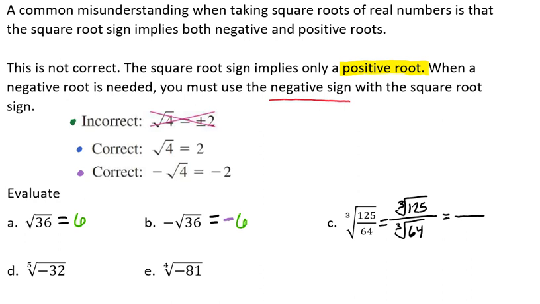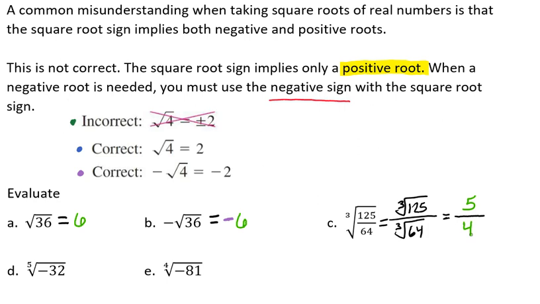Now here we can use a calculator to find our answers, but really the cubed root of 125 is a cubed root that you should probably have memorized. So the cubed root of 125 is 5. And the cubed root of 64 is 4. So here we have an answer of 5/4.